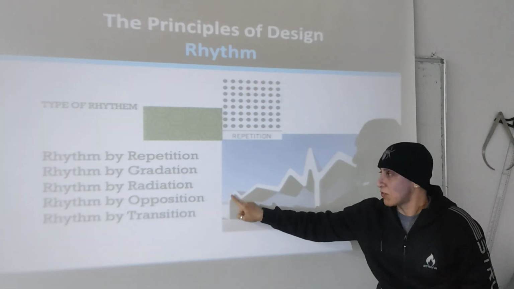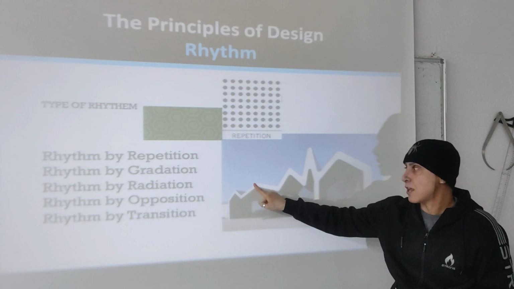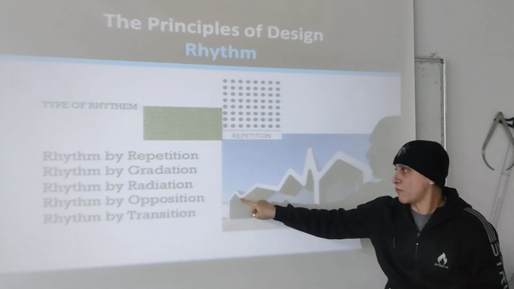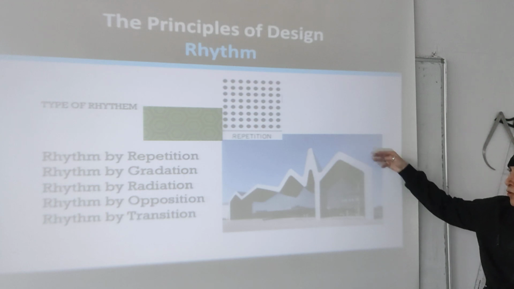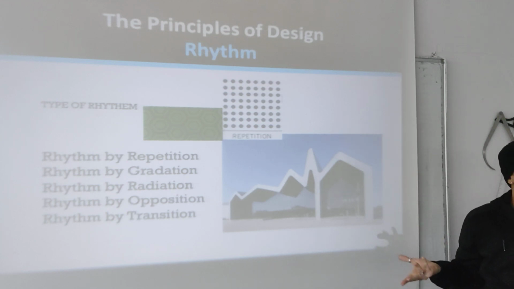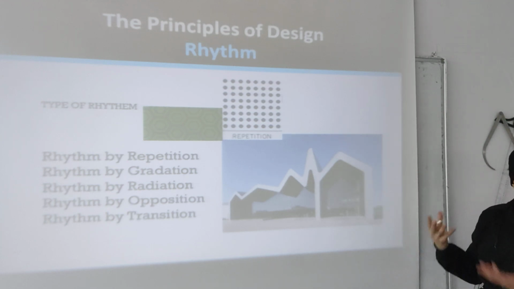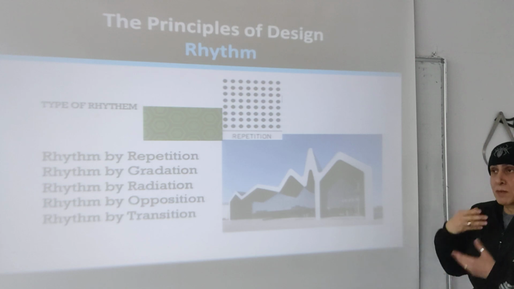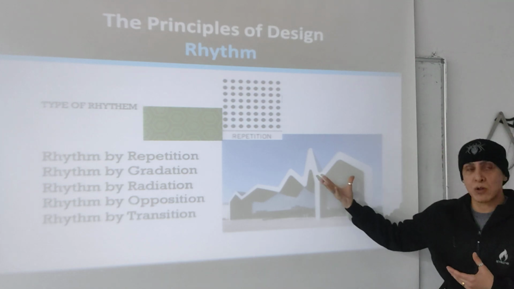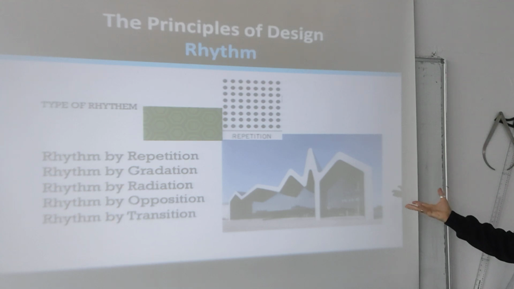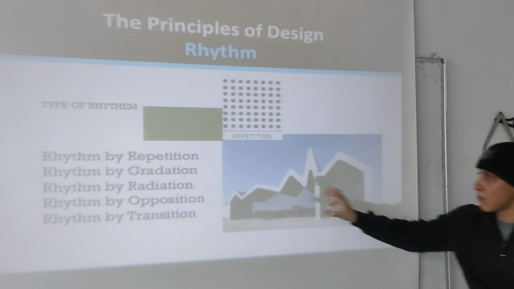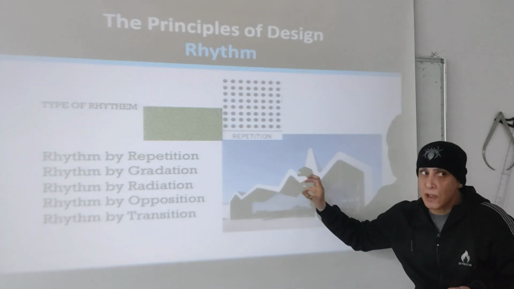We see these triangular forms here. Now this is different than this, is different than this. So each one is different as we go along, but there is a rhythm. The result is a feeling of rhythm. It is about the feeling, it is about the visual, what we feel when we look at something. There is a repetition, just each one is different than the other.